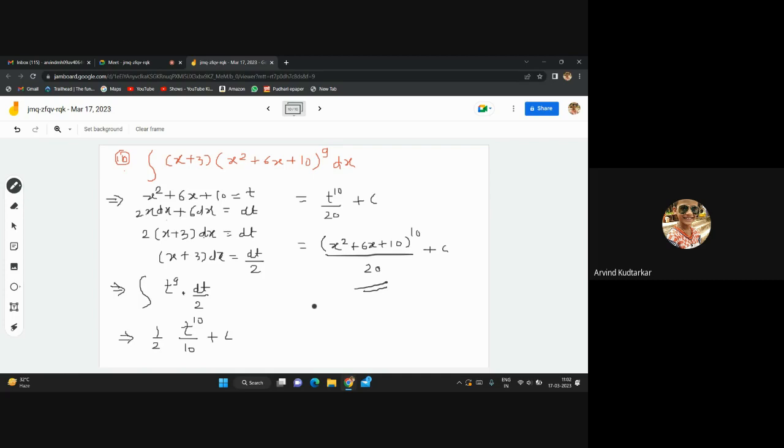Now we have seen the examples on indefinite integral. In a similar way, I continue with the next topic, that is definite integral. We'll see an example on definite integral. So what is called definite? The integral for which the solution is definite is called a definite integral.